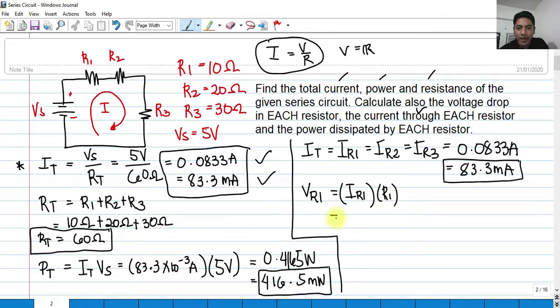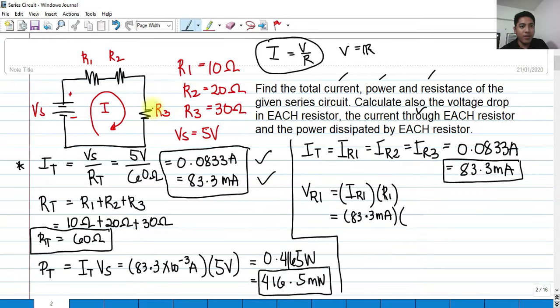So IR1 is 83.3 milliamperes. If you're going to input this into your calculator, that's 83.3 times 10 raised to negative 3, not just simply 83.3 because you would get a wrong answer. It is milli, which stands for milliampere.